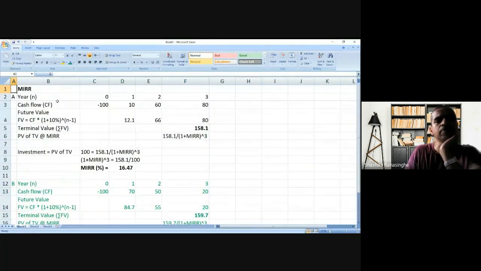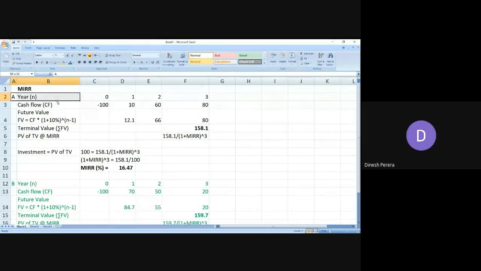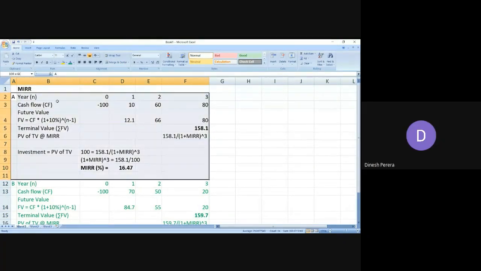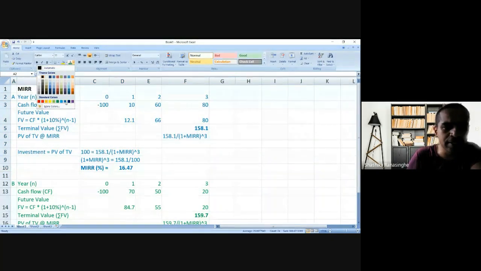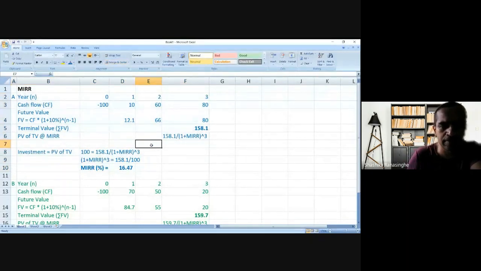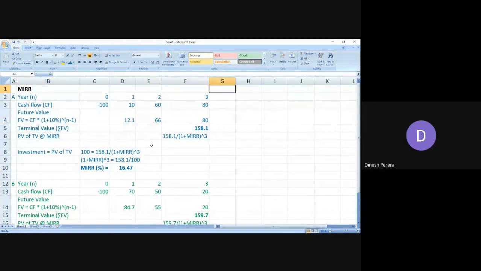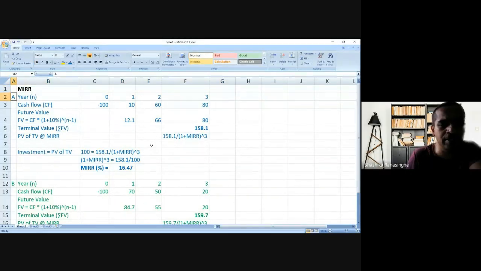Yeah, very good. You pick both. Reason? The rate is higher than the WACC. Very good. Because the modified IRR is higher than your WACC. Then if they're mutually exclusive, Project B, because it has the higher MIRR.